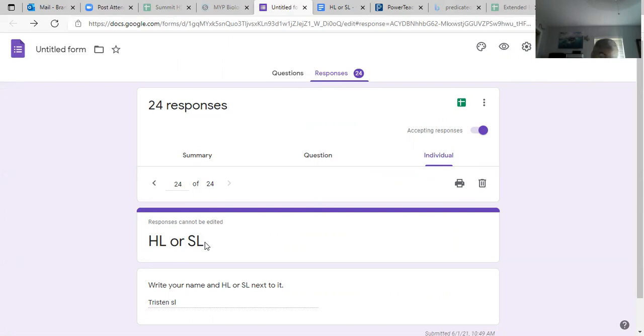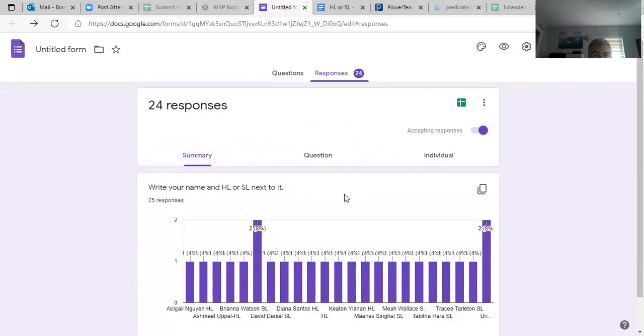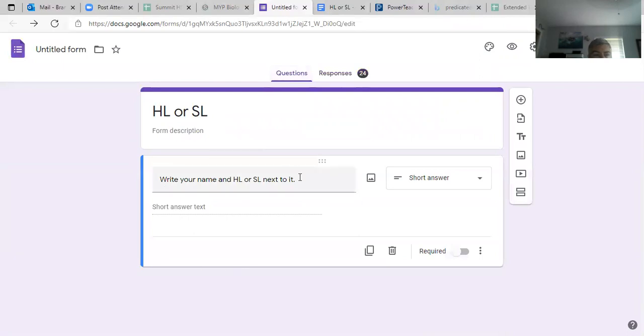You could potentially change it next fall, but I don't know. The reason I would sign you up for HL is I do feel like I structure the course in a way, especially that will be in person, that you're going to be able to do well on it. And all you have to do is just type your name. It's really simple. You just type your name here and then put SL or HL next to it.